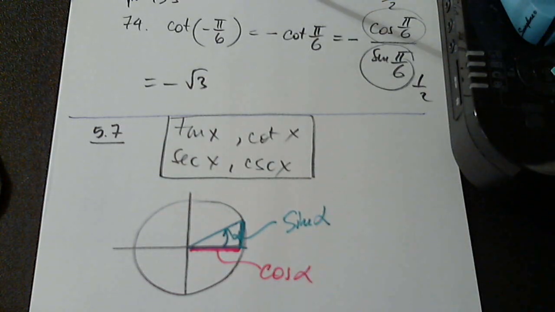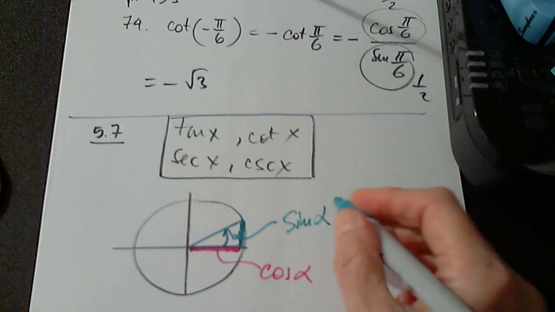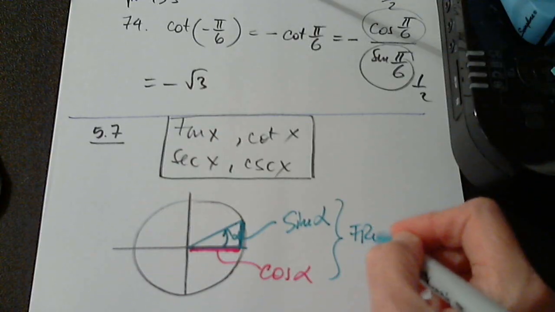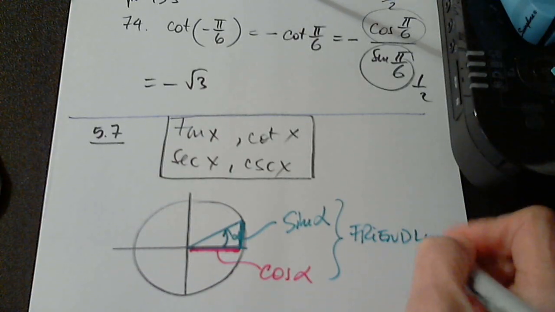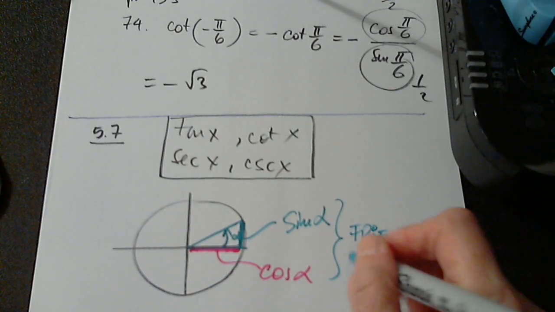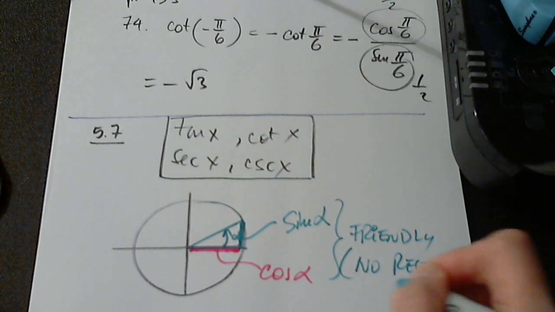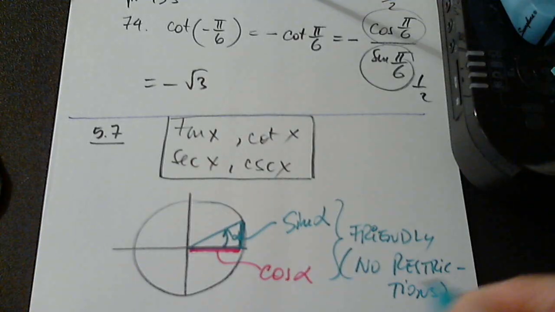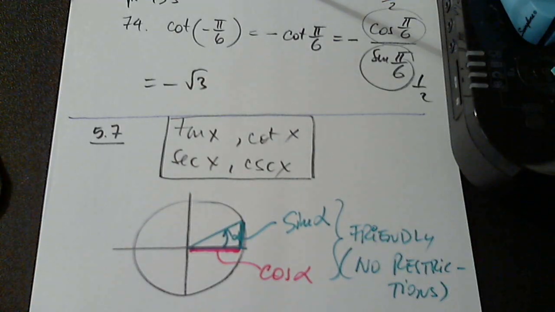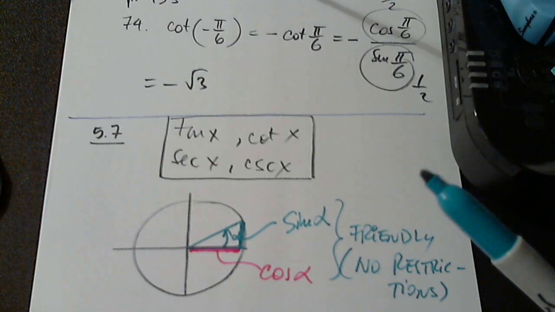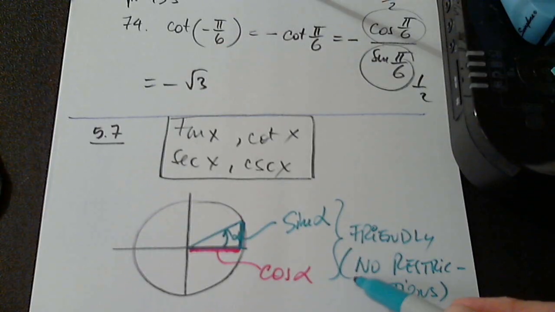These functions are what I like to call, if you remember, friendly. By friendly, if you remember, no restrictions. No headache. No problem. I never have to worry about the domain. It's in the category with other functions for which I don't ever write restrictions.